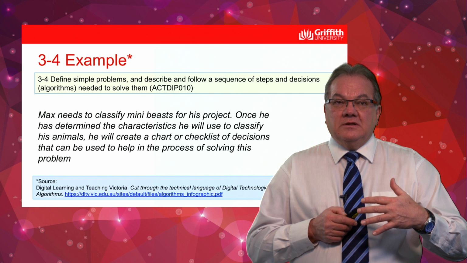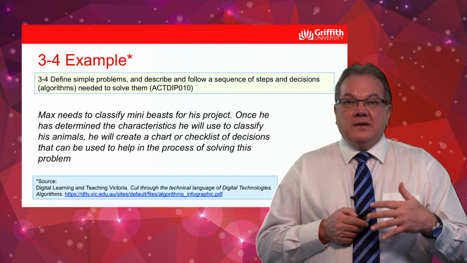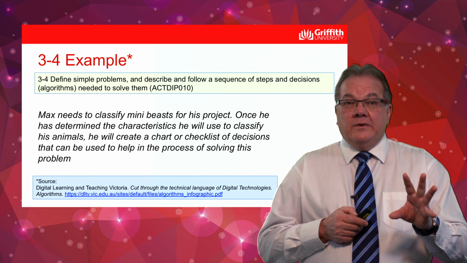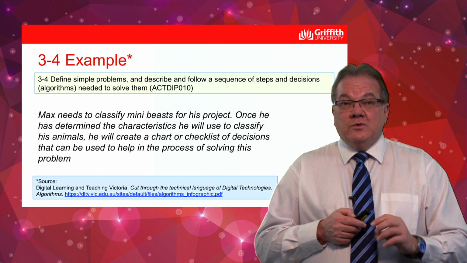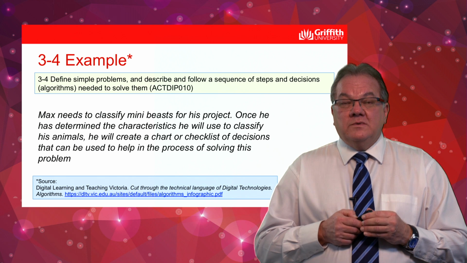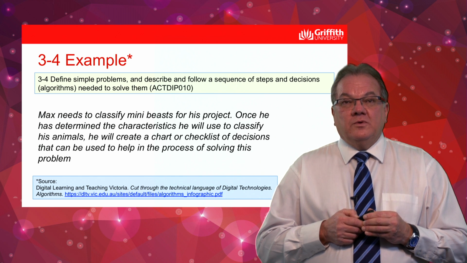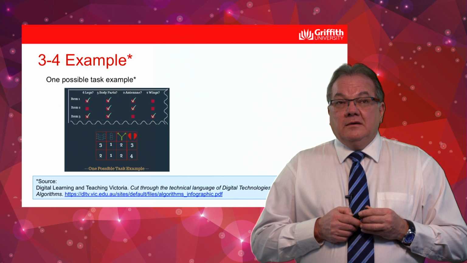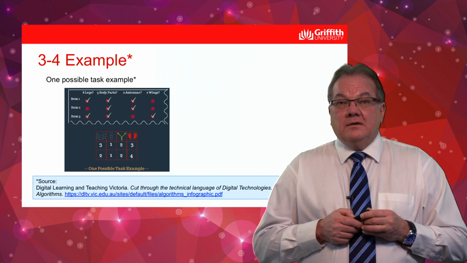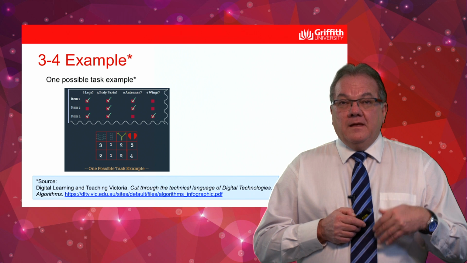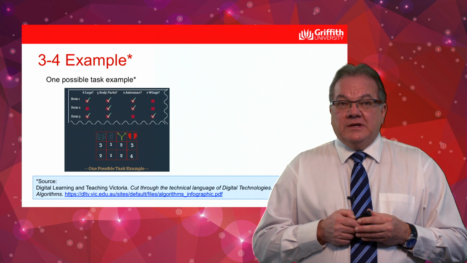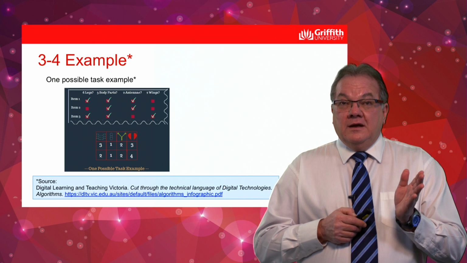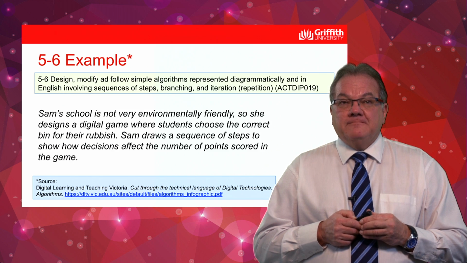I've drawn from the Digital Learning and Technology Victoria infographic around algorithms. I've provided the URL. You can explore these a little bit more there. It's in the recommended resources that you might like to explore further. That's the way in which a year 3-4 level band might represent a possible task example, and you can compare that with the way in which an F to 2 might be represented.